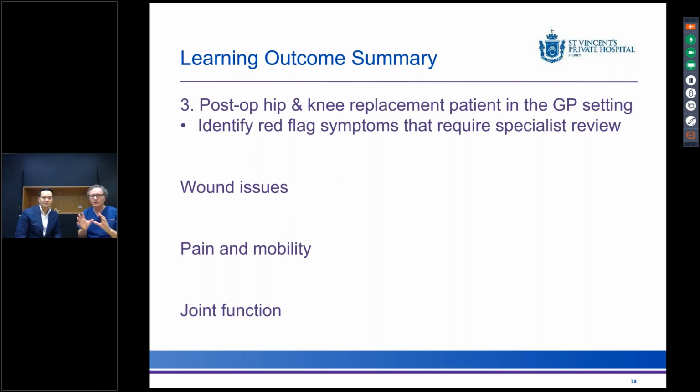I think this is a really, really important part of tonight's talk, and I really like how Horng brought it back to how that person can present themselves to your rooms. Wound issues, pain and mobility and function. Just think of it like that. Forget about the anatomy. Just think of it like that, and it will come to you objectively, so that you can go, yes, this is how it is going, what's happening.